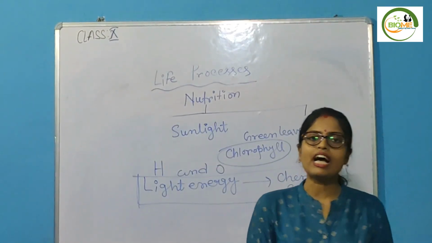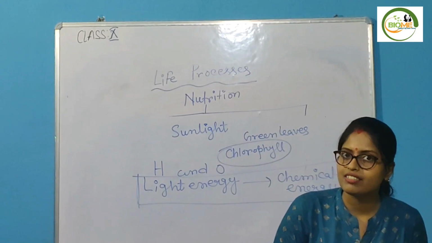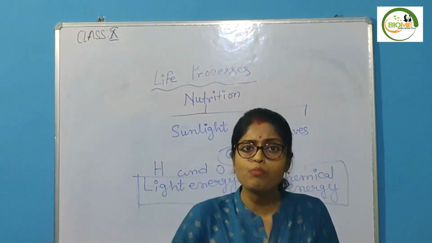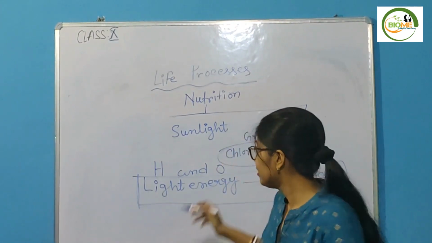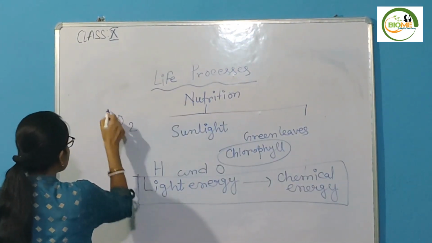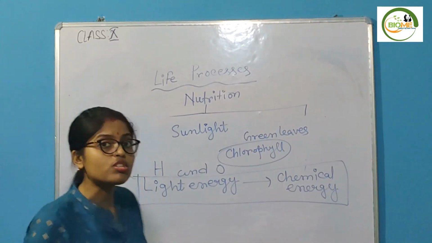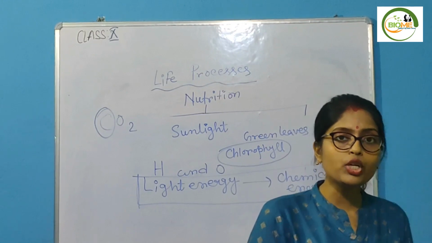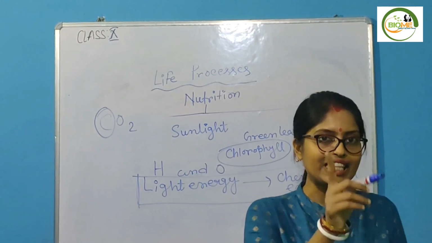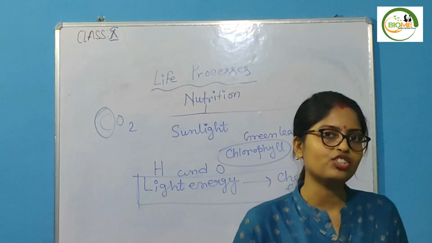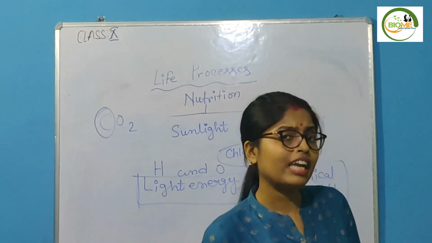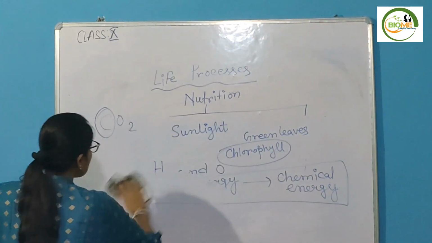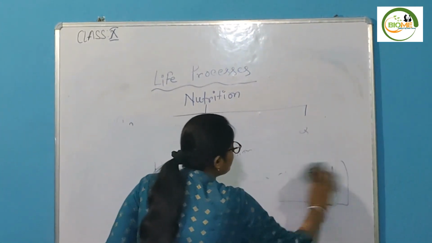And the last one is carbon dioxide, which plants take from the surrounding atmosphere. The carbon is reduced to form glucose, and that is the source of energy in the plant body.